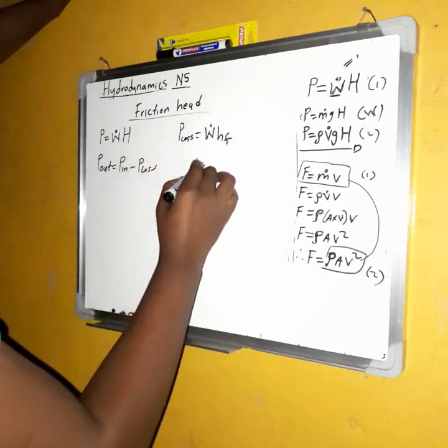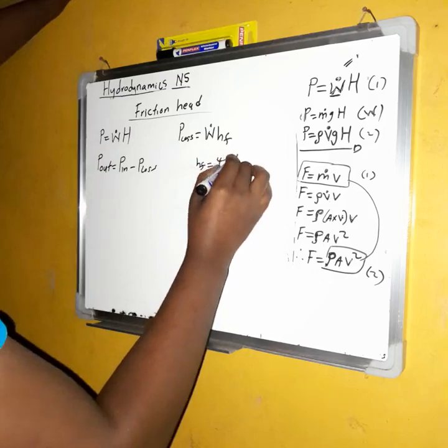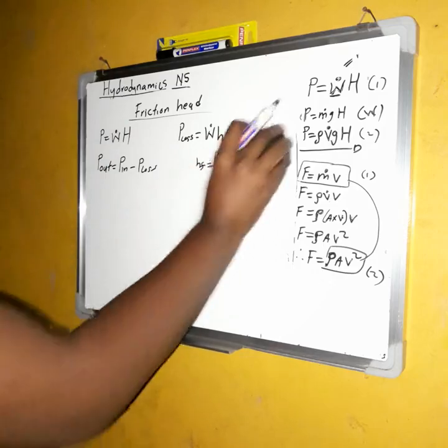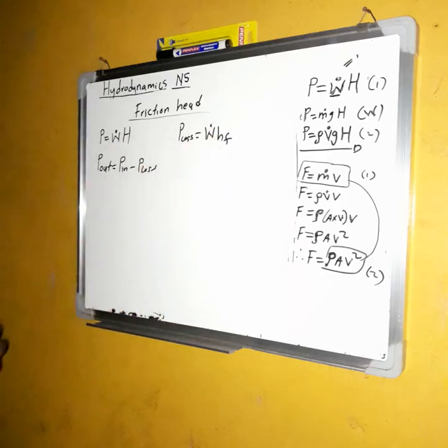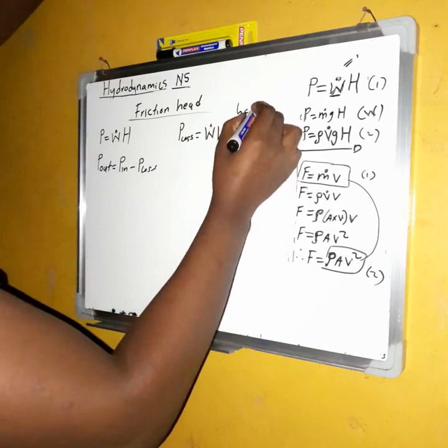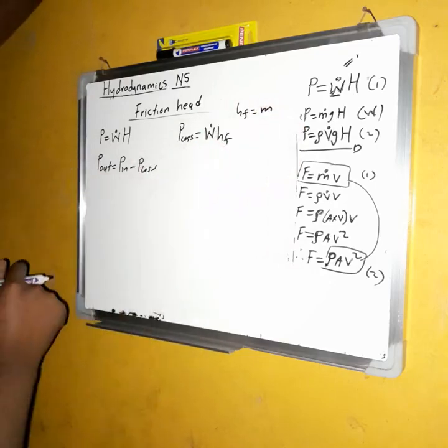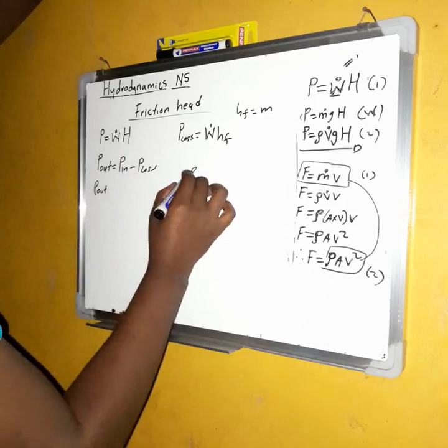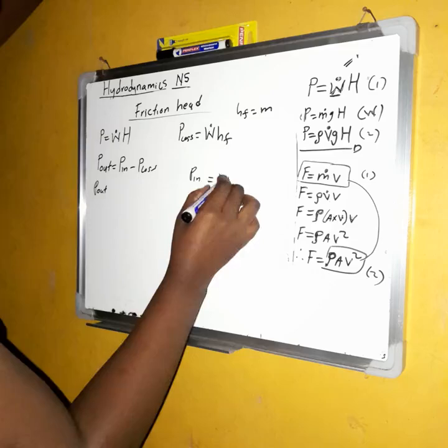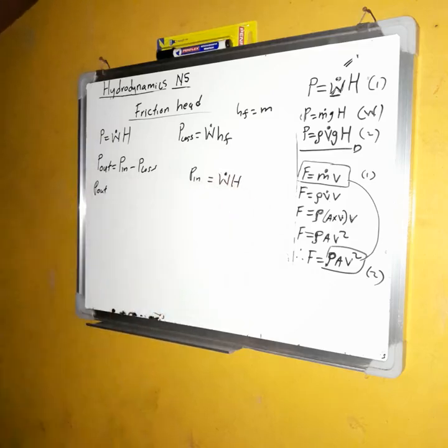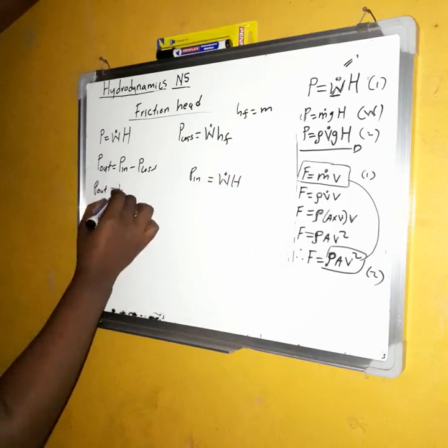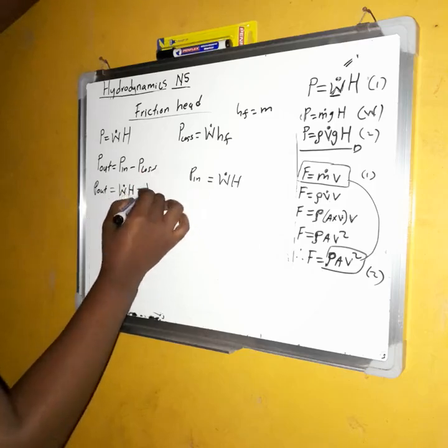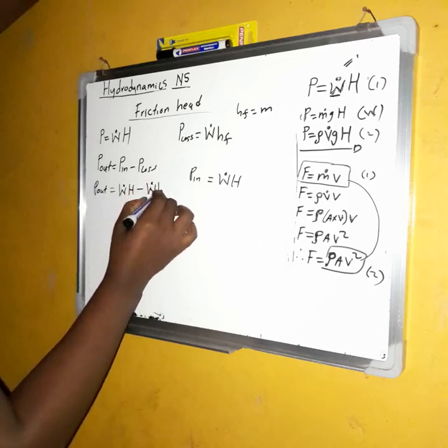If you're not given, friction head is equal to 4FLV squared over 2GD. This is the friction head, which is in meters, and it is the power loss. So power output: the power input is W multiplied by H. So power output will be W H minus W HF.